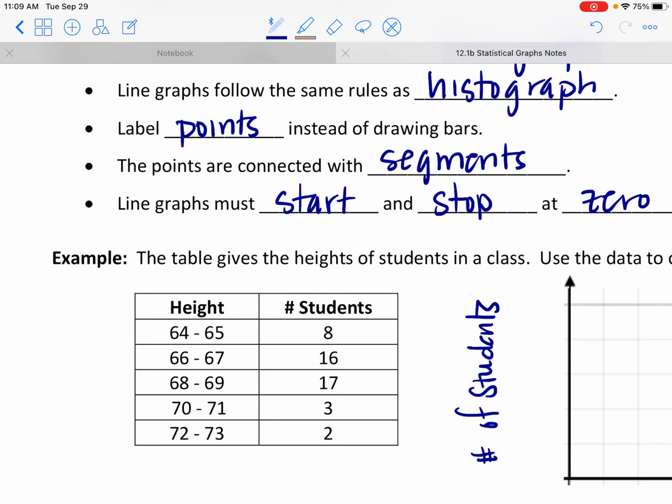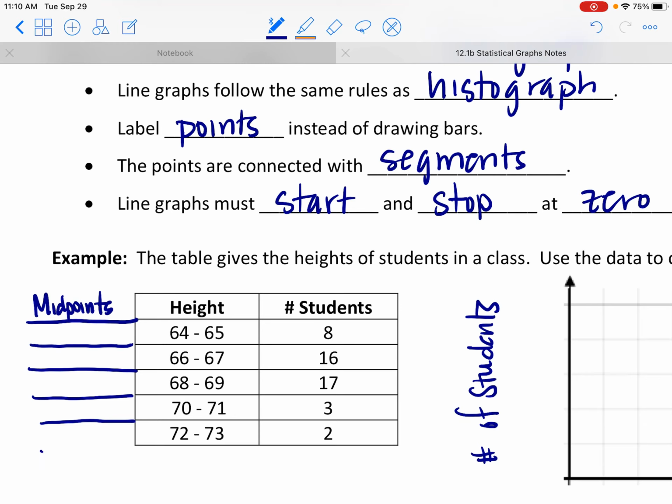So let's make another column here. We want to use midpoints, the midpoint for each of these. We can see the middle of each of these, but if you couldn't see it, if it was a larger group of numbers, like if you went from, I don't know, 102 to 157, you would just add those two numbers and divide by 2.